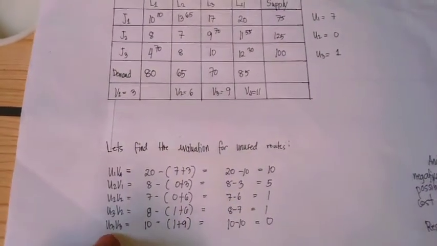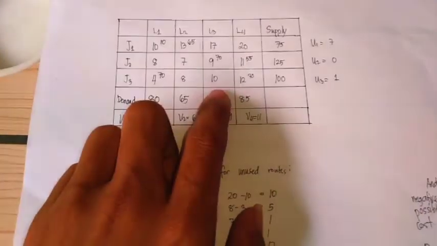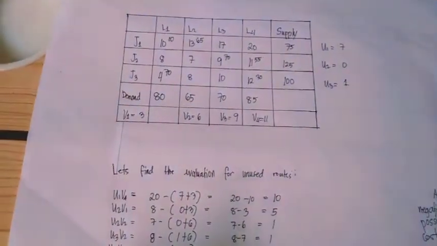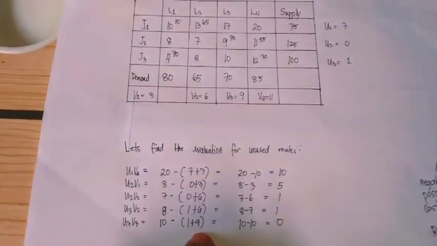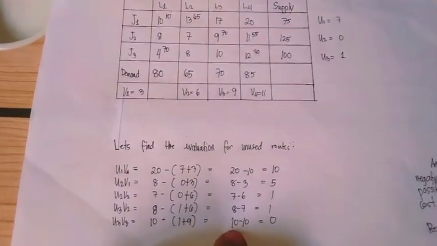Lastly, U3 V3 is 10 here, U3 1 plus V3 9, so 10 minus 10 is equal to 0.